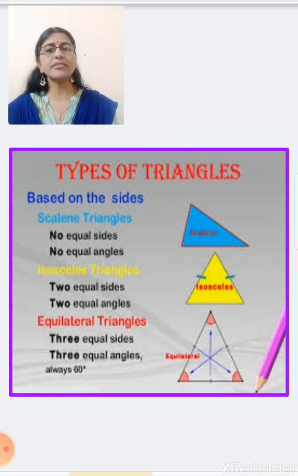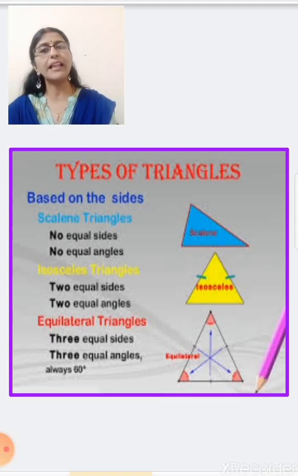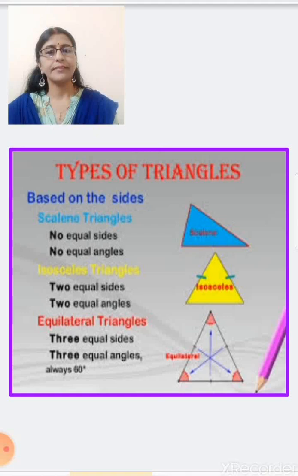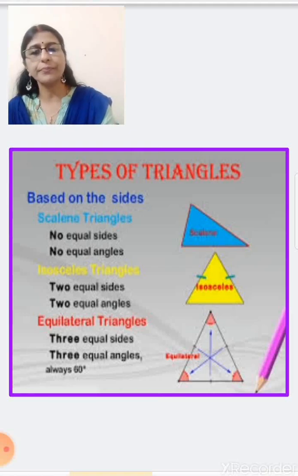In an isosceles triangle, there are 2 equal sides and 2 equal angles. In an equilateral triangle, all the 3 sides are equal and all the 3 angles are also equal and they are always 60 degree. So this is based on the sides. They are divided into 3 groups.